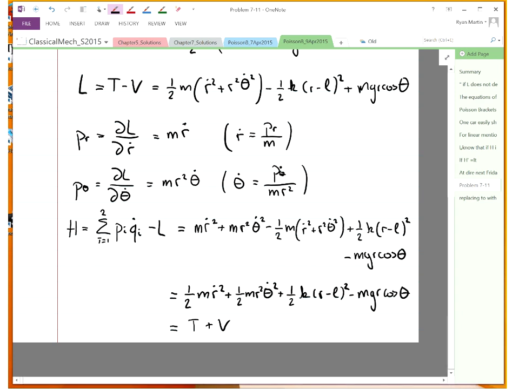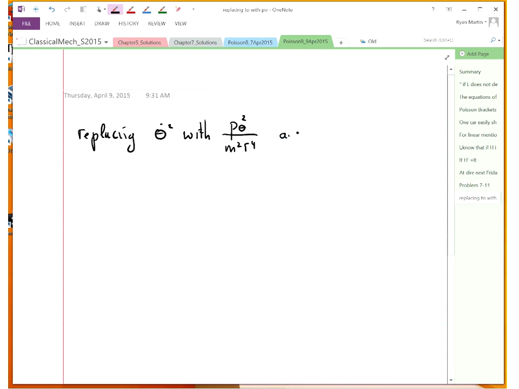Let's go and check that out again. Theta dot squared is P theta squared over m squared R to the fourth. And we'll also replace R dot squared with PR squared over m squared.